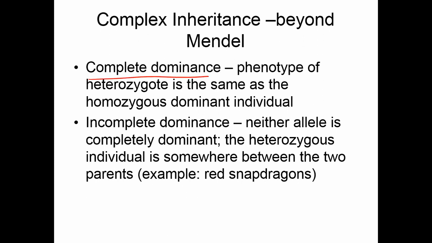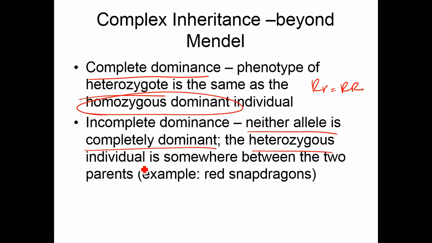So complete dominance is the phenotype of the heterozygous is the same as the homozygous dominant. That's what we've been talking about so far. So this phenotypically is going to be the same as that. Incomplete dominance, though, is when neither allele is completely dominant. The heterozygous is somewhere in between the two parents. So, for example, in red snapdragons, this is not equal to this.